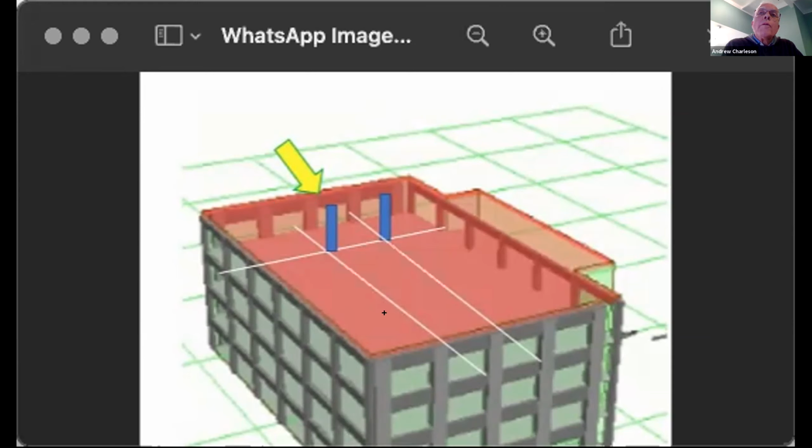It's up to you. Normally you would have columns to reduce the span of your beams for gravity loads. So normally there'll be lots of columns like those blue columns to reduce the depth of your beams. Oh, right. You know, the beams for gravity load. Okay, thank you, Andrew.